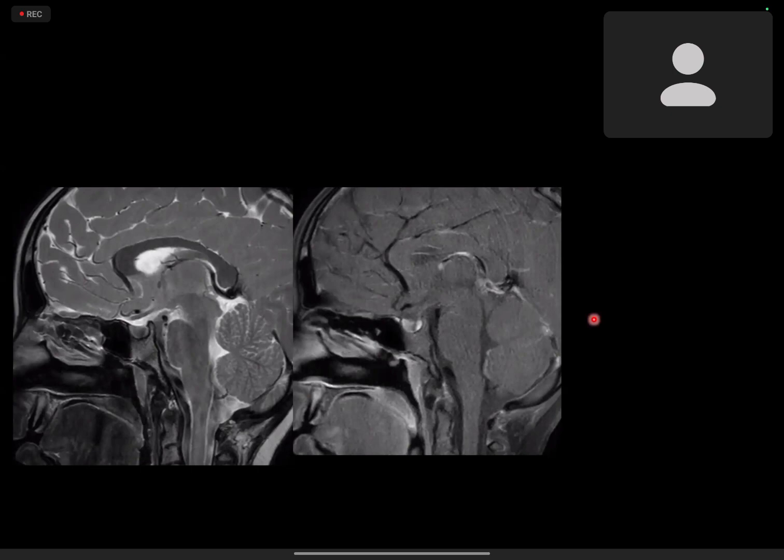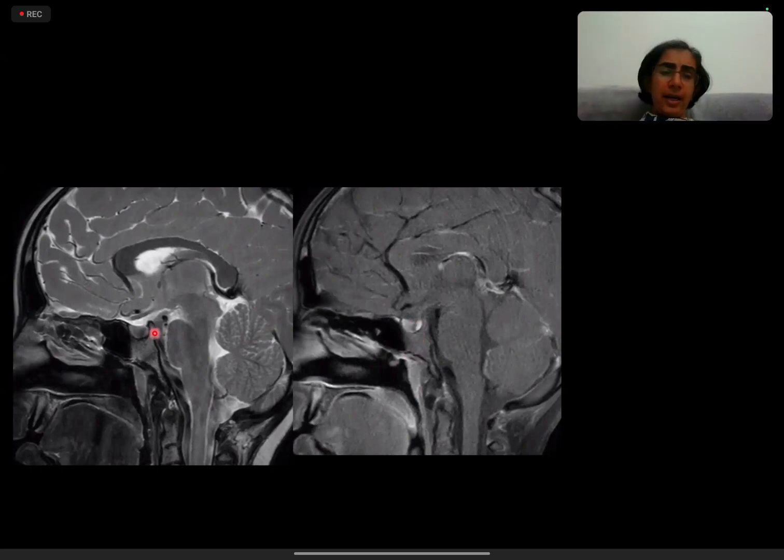Ma'am, on T2 and T1 images, the pituitary appears concave upwards. On T2, there is a hypointense lesion within the sella, and on T1 post contrast, it's non-enhancing. And where is it located? Yes, it is sellar, but where is it located?